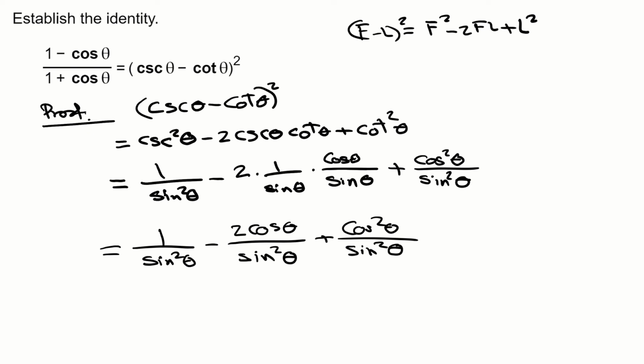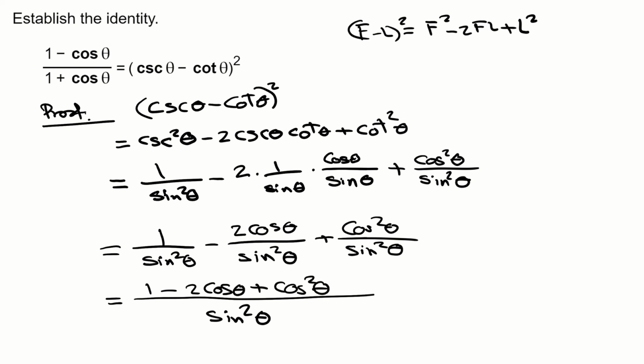So we notice that 3 like terms turned up for us, which is nice because we can go ahead and combine those fractions now, and we'll end up with, let me just make that look a little bit nicer, more central. Okay, so we end up with 1 minus 2 cosine theta plus cosine squared theta over sine squared theta.